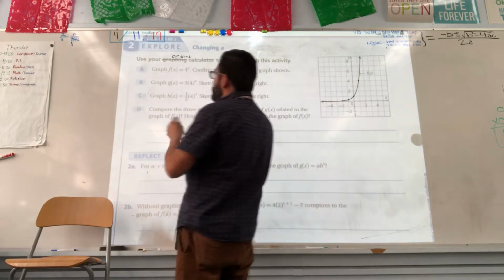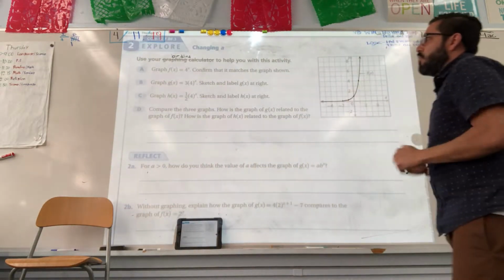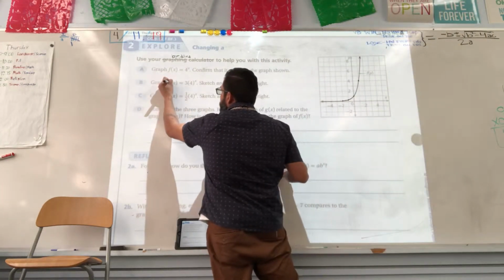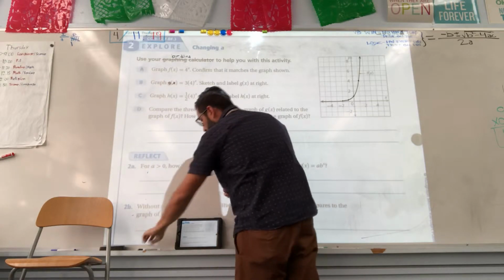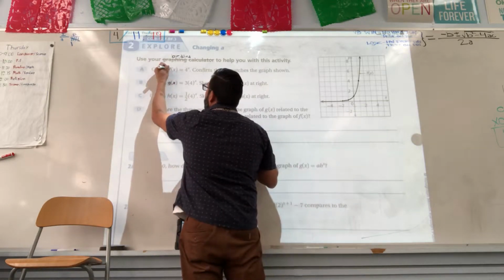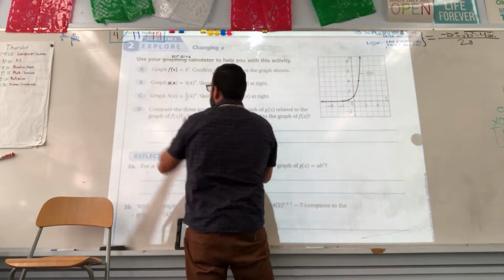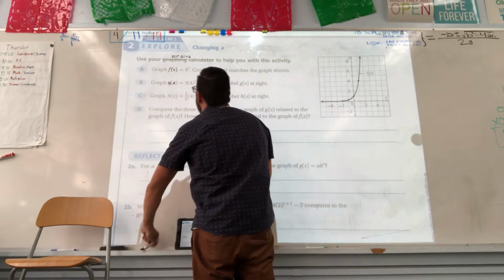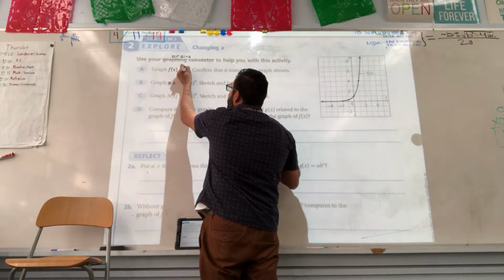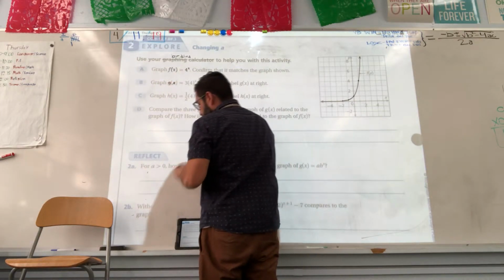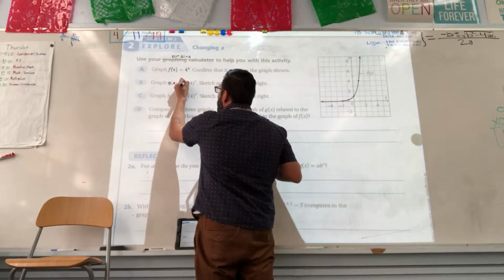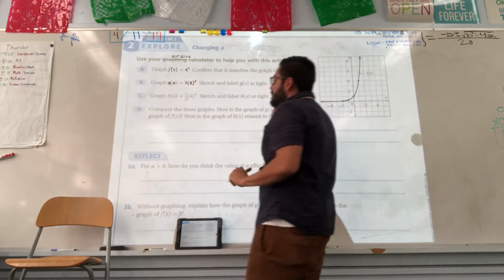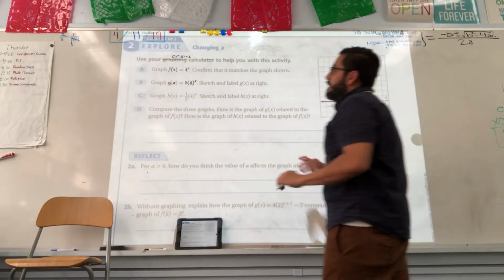Now we're going to change A up and see what happens. So now we're going to graph g of x. Our f of x is in black, and our g of x over here is in brown. Let's see what happens when you do that.